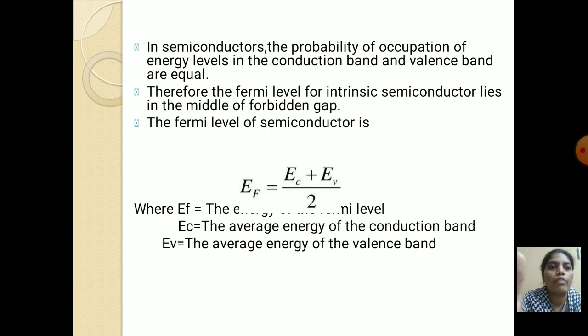Later we will see what intrinsic semiconductors are. So the Fermi level of a semiconductor is given by EF = (EC + EV)/2, where EF is the energy of the Fermi level, EC is the average energy of the conduction band, and EV is the average energy of the valence band.